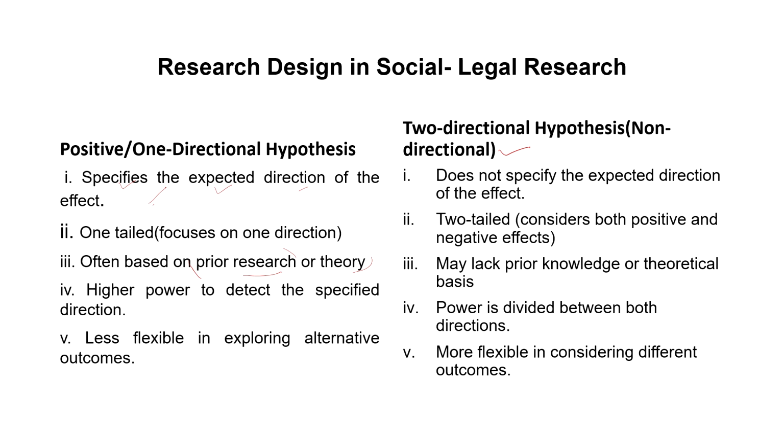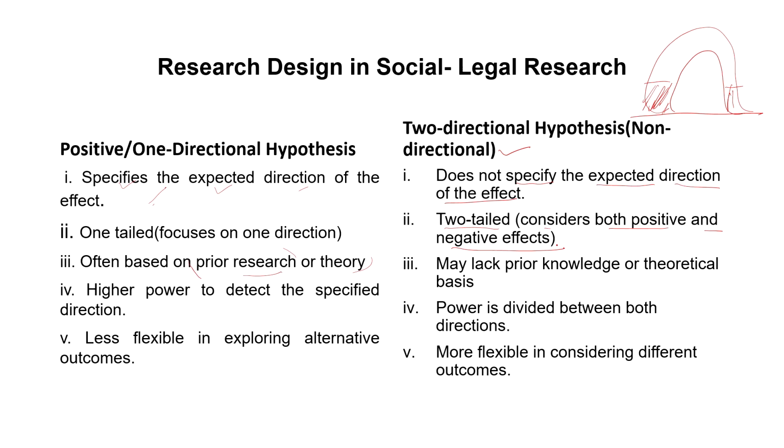We already understood this with the help of the example, but see, a two directional hypothesis does not specify the expected direction of the effect. It is either this direction or this direction; this is not clear, it does not specify the expected direction of the effect. Again, this two-tailed hypothesis considers both positive and negative effects.